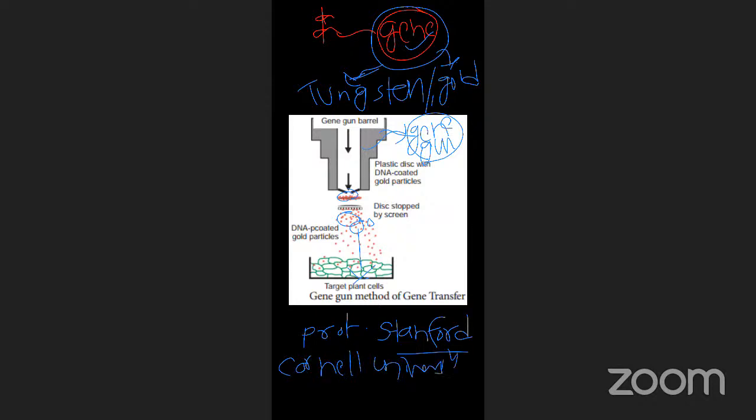Is it clear? Is there any mediator involved to carry the gene? No. That means no vector. Directly we select the desired gene. This gene is coated with the help of tungsten or gold particles and ejected out with the help of the gene gun.